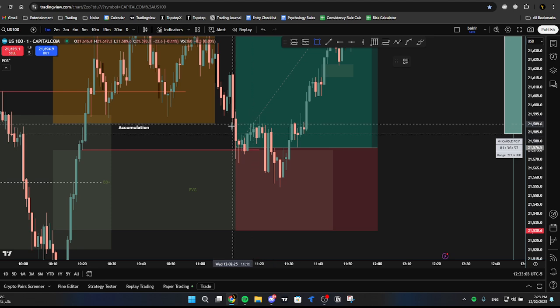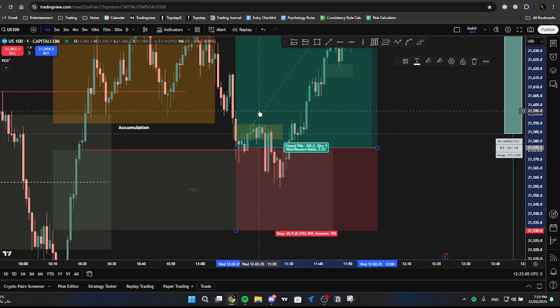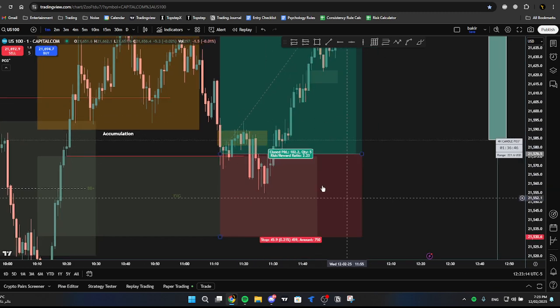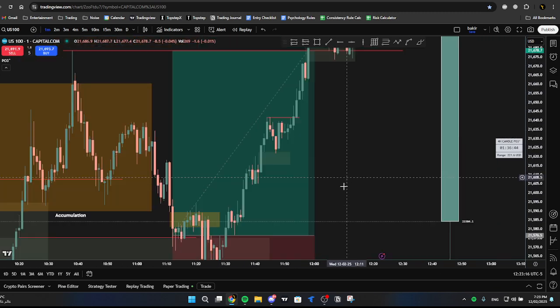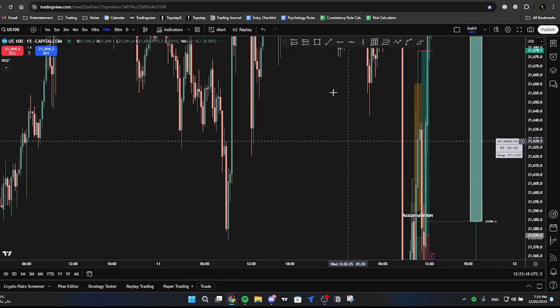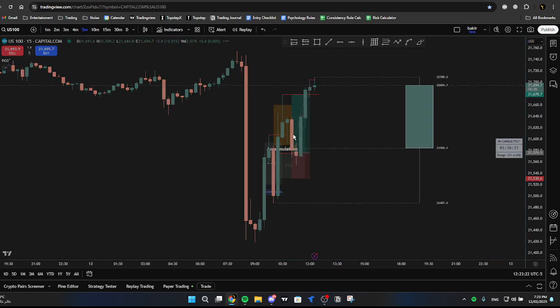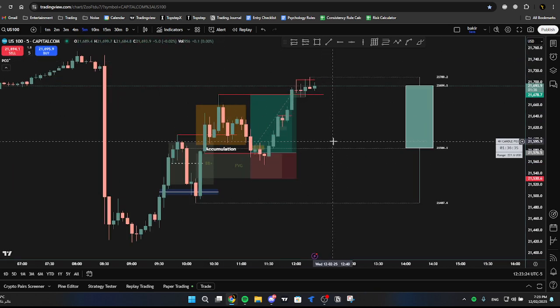Yeah, we had this one. So this fair value gap was respected a couple of times. So when it gets disrespected, that means there's a lack of order flow to the downside, which confirms the bullish bias and confirms the overall bias to take this external, because we went from internal to external.